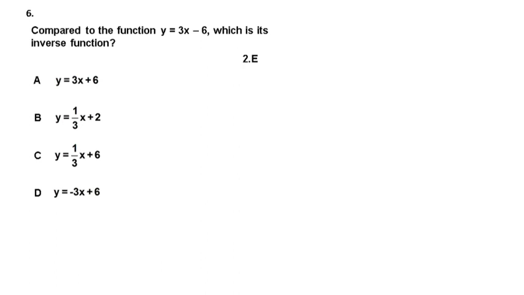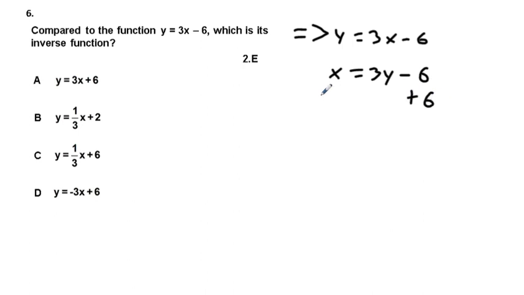6. Compare to the function y equals 3x minus 6, which is its inverse function? So to do the step process, if we take y equals 3x minus 6 and change it to x equals 3y minus 6, we can solve for the new y. On the left side we have x plus 6, on the right side we have 3y.